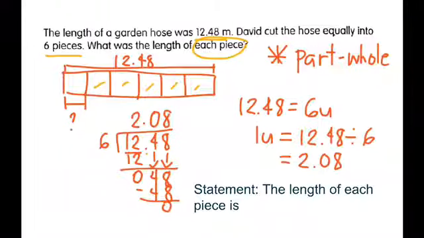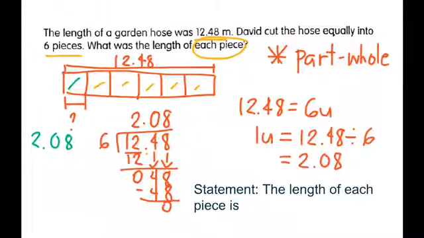Now, how do we check if our answer is reasonable? We can work backwards. Checking the reasonableness of our answer would be the best thing to do in order for us to avoid mistakes, especially if we have enough time when we're doing our worksheet or topical test. So to check, I know that 1 unit is 2.08. I hope my space is enough.